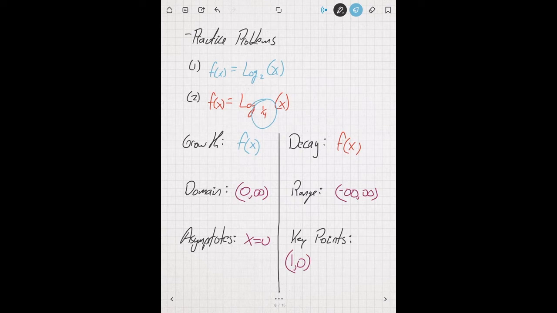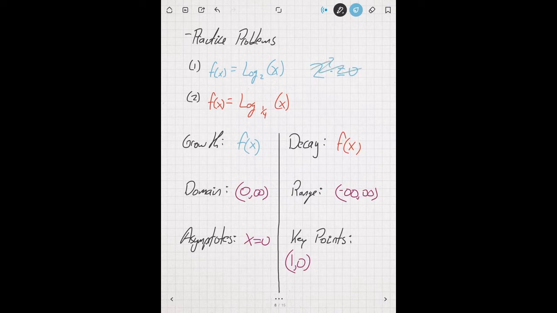You're going to decrease as x increases. Now, both of them do have the same domain and the same range. The range was always the same because we always stretch down from negative infinity to infinity. So that really can't change. The domain would be the same for all of them, because you can't plug 0 in for either of these. 2 to what power gets me 0?